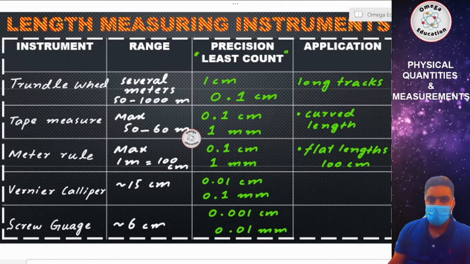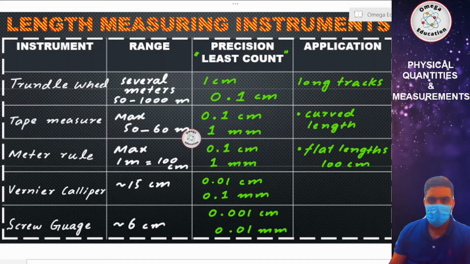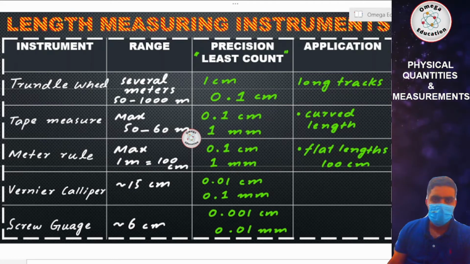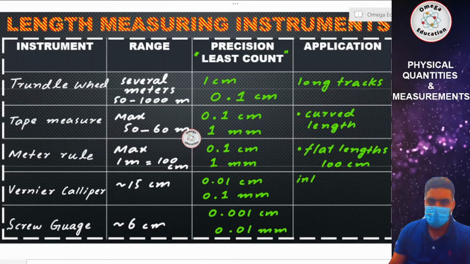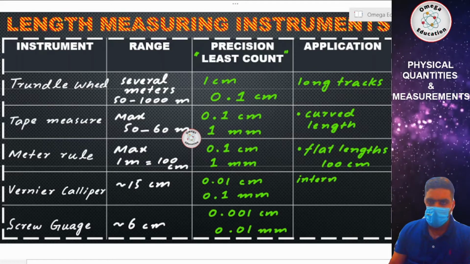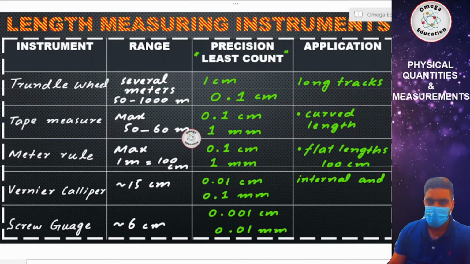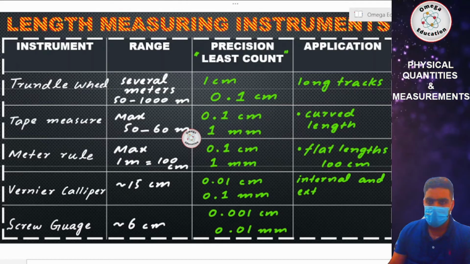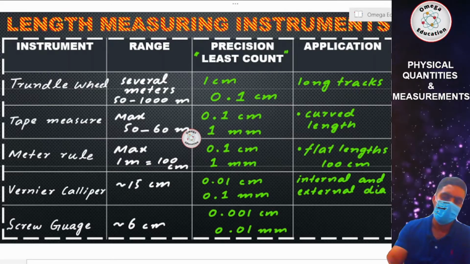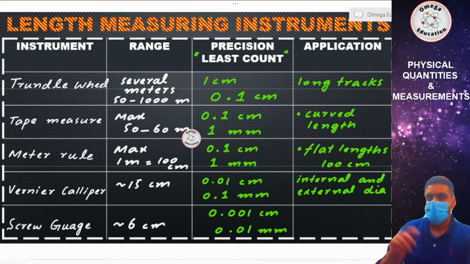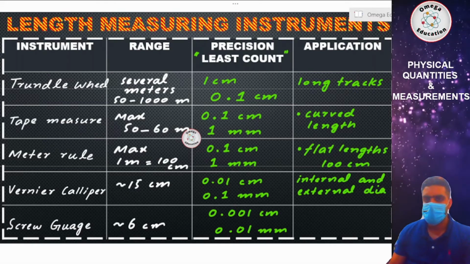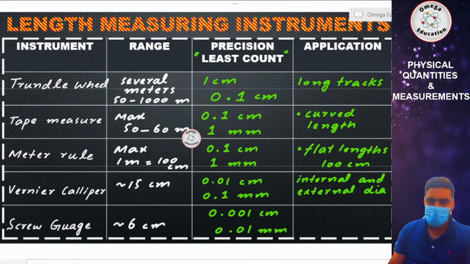Then we talk about the vernier calipers. For the vernier calipers, the thing is that it can be used for measuring internal and external diameters of anything, can be of a pipe, can be of a hollow bottle or something like this, and also it can be used to measure depth of liquid.